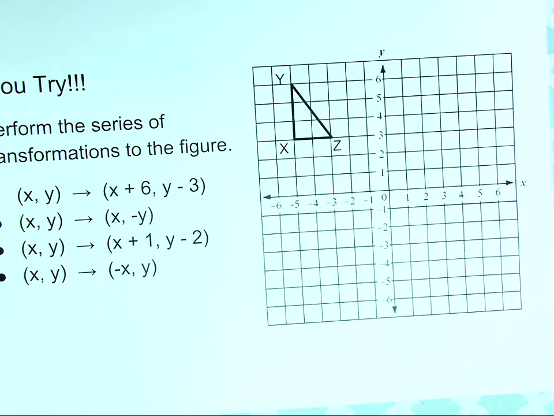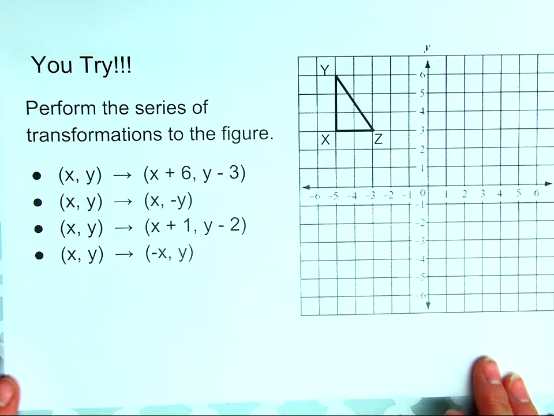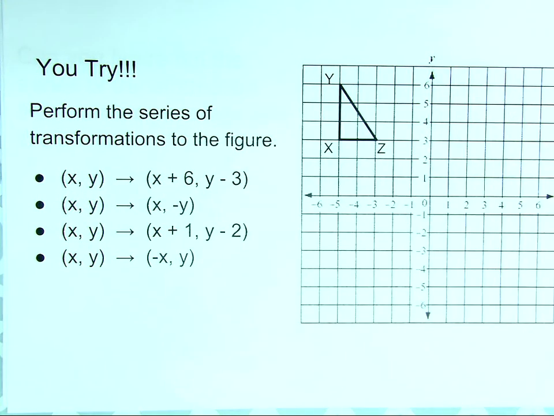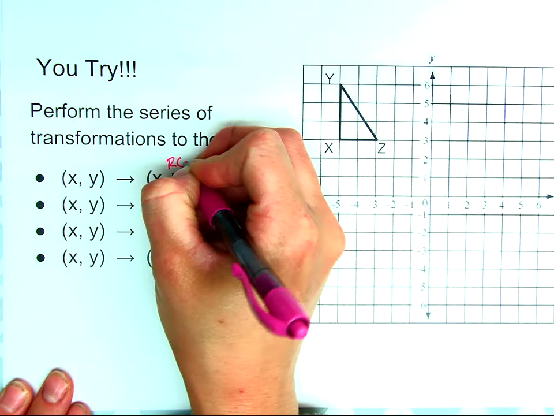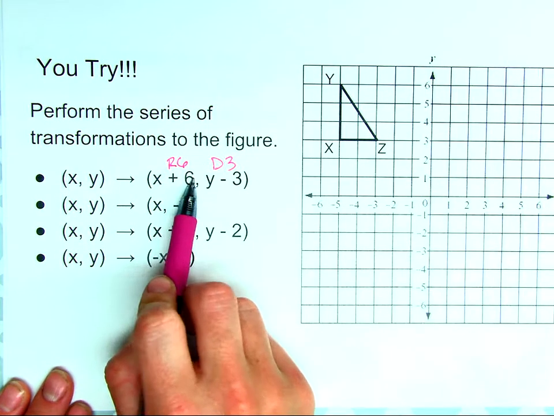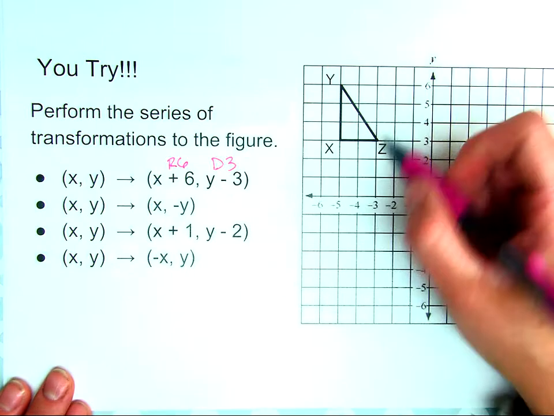So I've got 4 steps for you here. A series can be as short as 2 and as long as we want it to be. So pause the video and give this one a try. All rules here, which means there are no rotations. So plus here tells us to go to the right 6, subtract for the y, down 3.